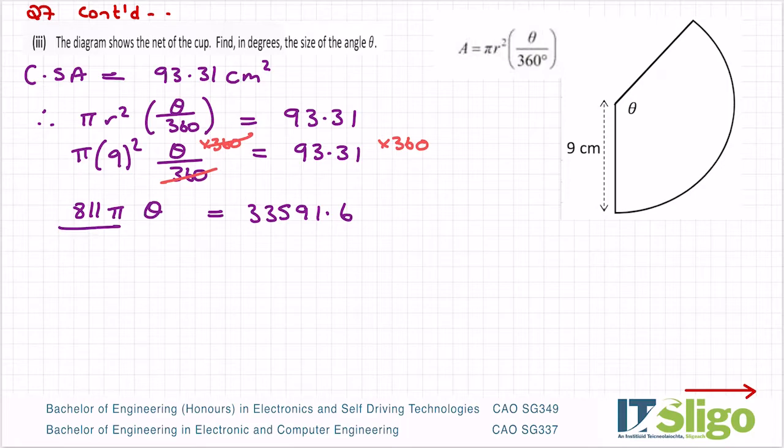So let's divide across by 81, not 811. And I'm getting theta, the angle, then to equal 132.00, so 132 degrees.